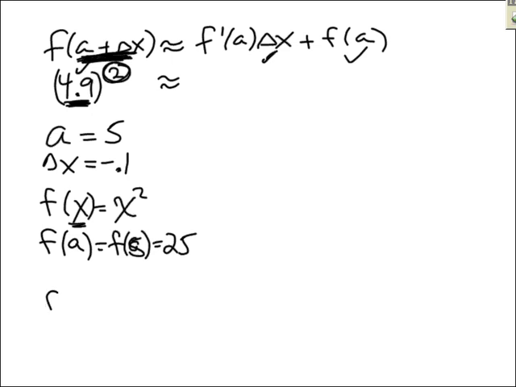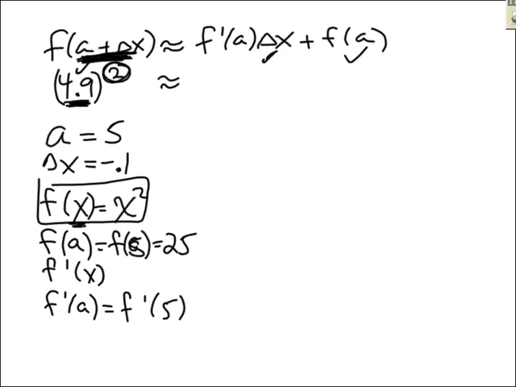Now I need to find f prime of 5. But first I need to know f prime of x. If f of x is x squared, then f prime of x is 2x, which is, in our case, 2 times 5, or 10. Okay? So now I have all 3 pieces.